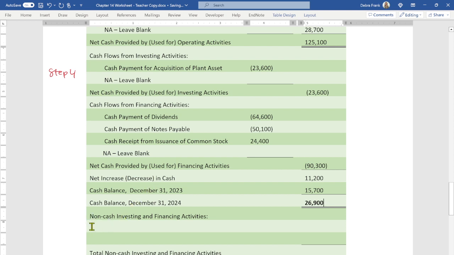But there was a non-cash activity, and let's record that. That was that note payable that we just worked on, actually. That was the acquisition of land by issuing a long-term, we'll just write LT, note payable.